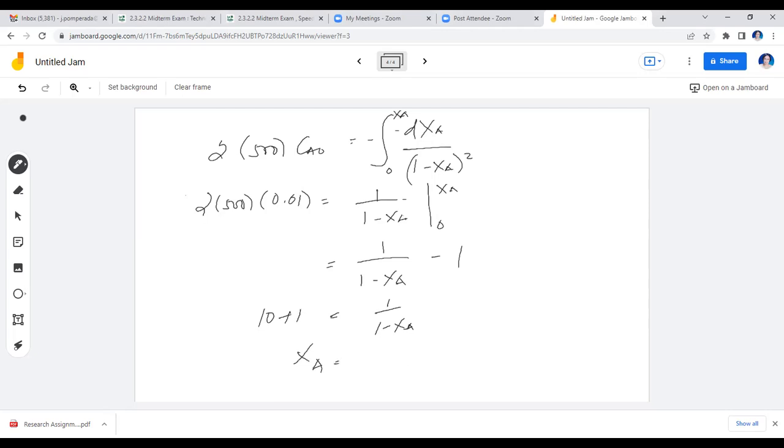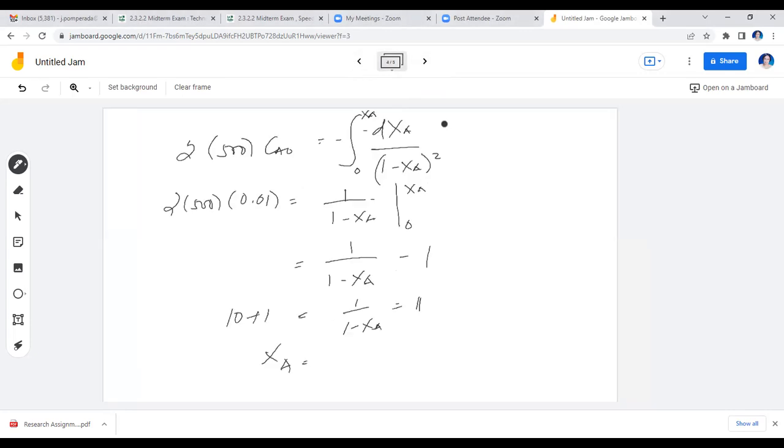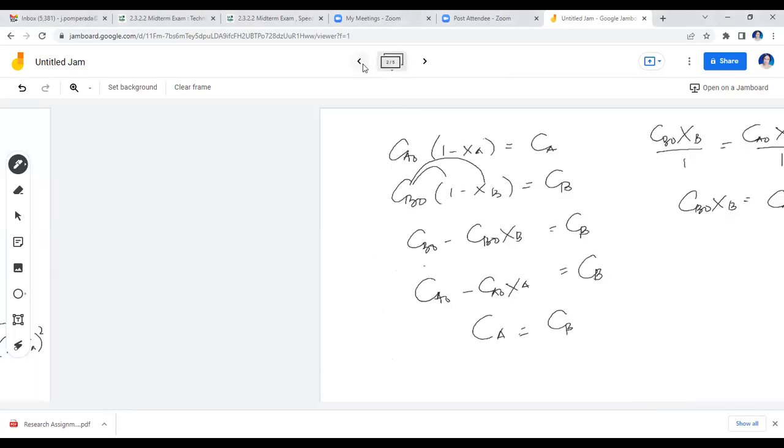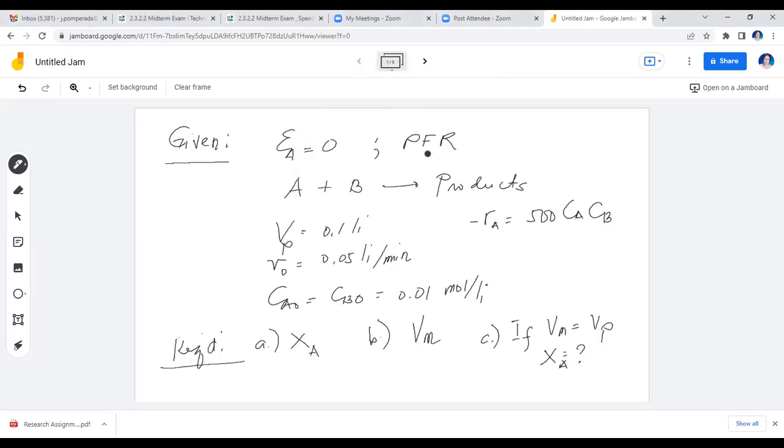So your degree of conversion is 0.9091. Check. Okay, 0.9091. Thank you. So this is your degree of conversion for the first question. The degree of conversion in the PFR.